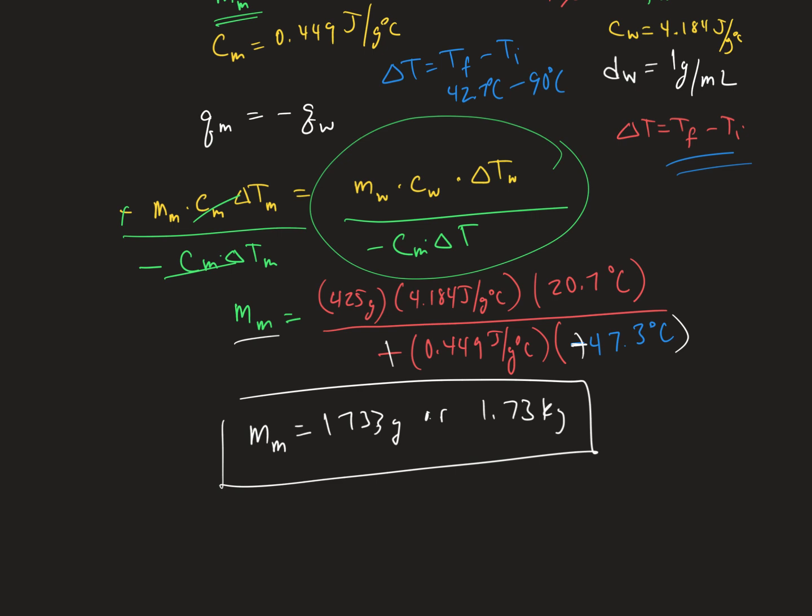Is that too messy for you? Because there's another way to do it. Anybody want another way? We can calculate the heat for the metal or the heat for the water because they're the same.